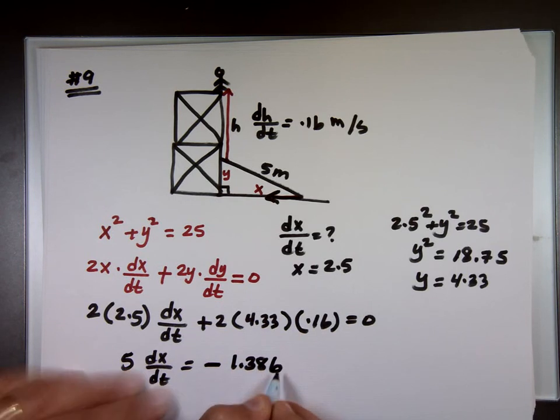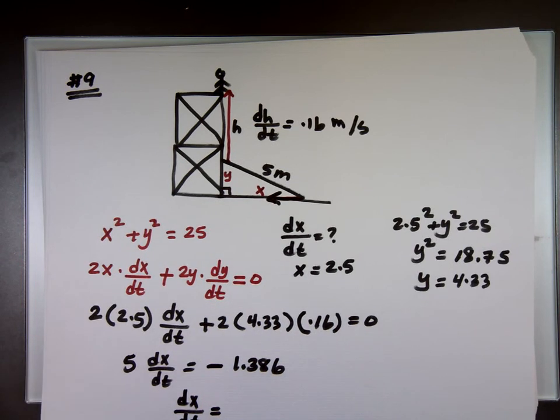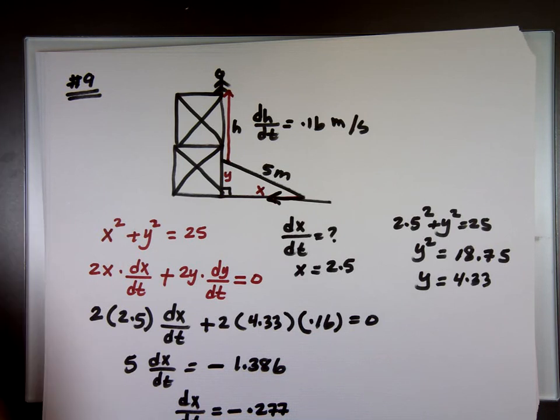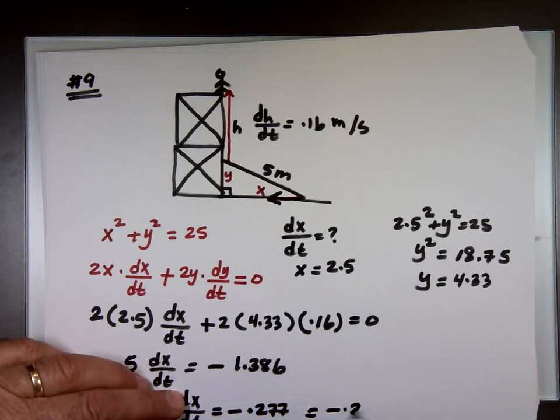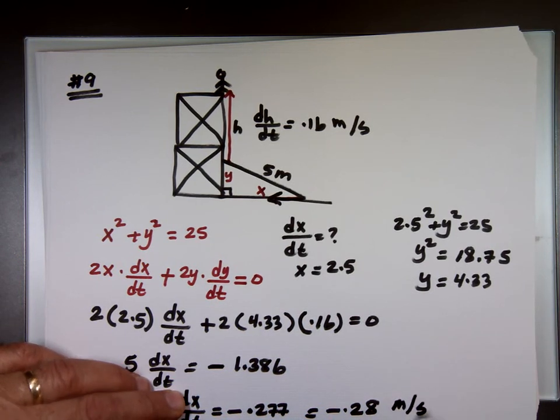What's dx/dt equal to? Divided by 5, which is negative 0.277. It says use how many digits? 2 decimal places. Negative 0.28 meters per second. Negative means the gap is shrinking.